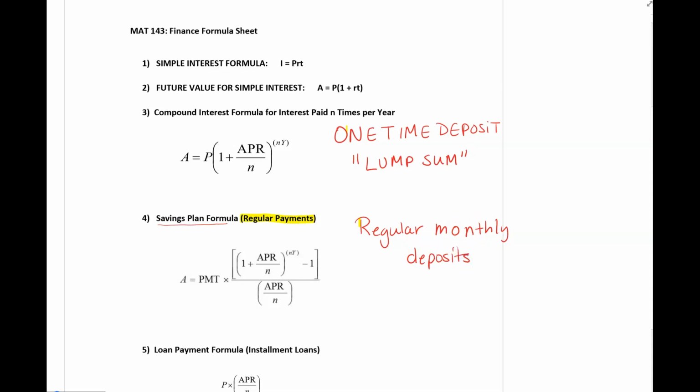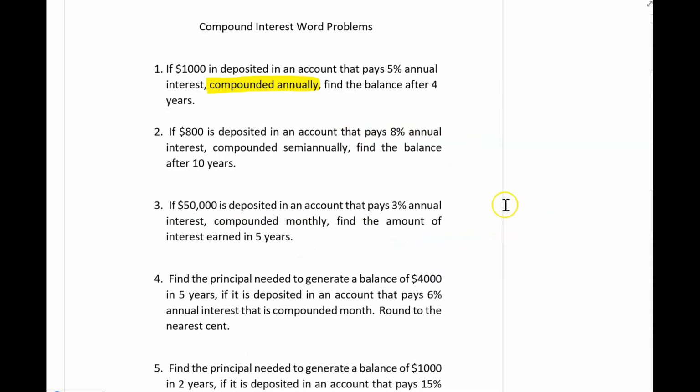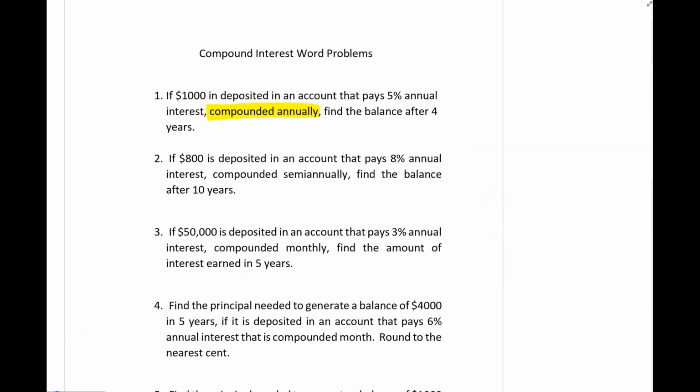All right, so back to our worksheet. So in this problem, number 1, we have to pick out some very important information. That important information is how much we're depositing, which is called the principal, what our annual interest rate is, and that needs to be converted to a decimal, how many times we're compounding, and then for how many years we are compounding.